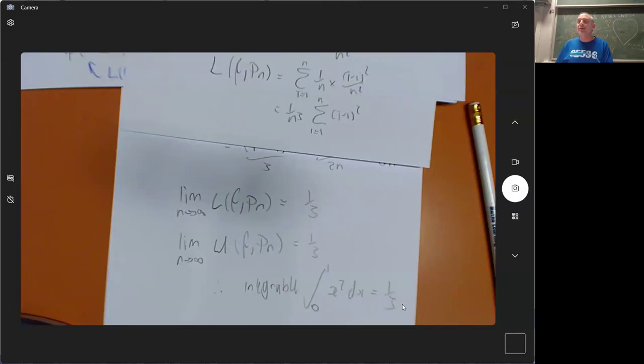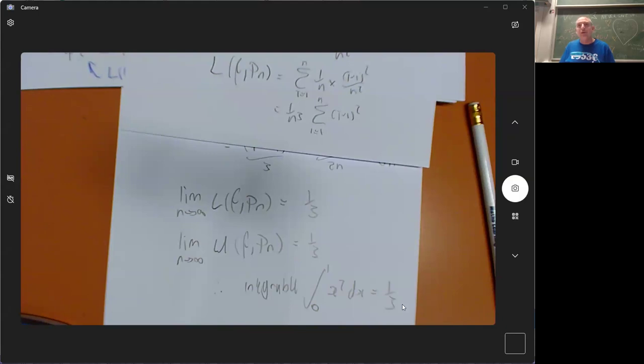To show that things aren't integrable is sometimes a little easier, but maybe not. You have to show that there's a gap between the lower sums and the upper sums. So you still have to find the infimum of one and the supremum of the other. Showing something integrable is easier, because you don't have to use all the partitions.